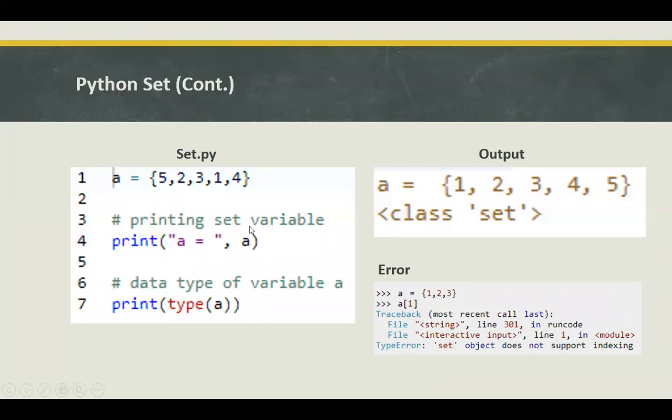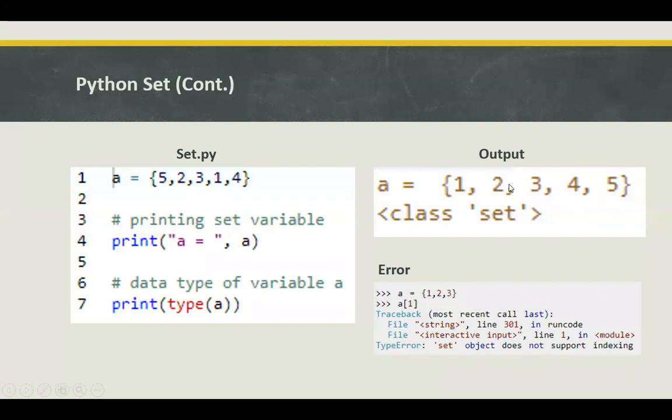When you print these elements, whatever items are available in the set will be printed in the output. If you want to check the type, the class is set, and you cannot access a particular element. Suppose you want to access the first element, you will get an error message.